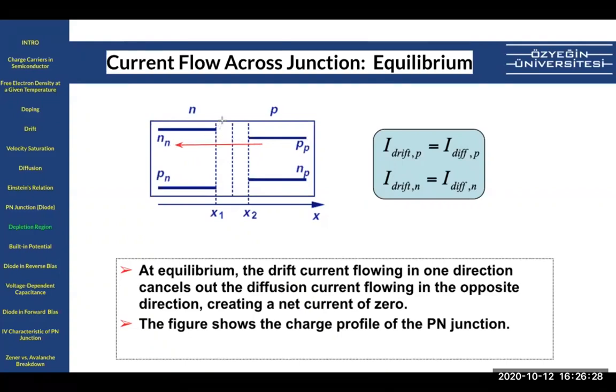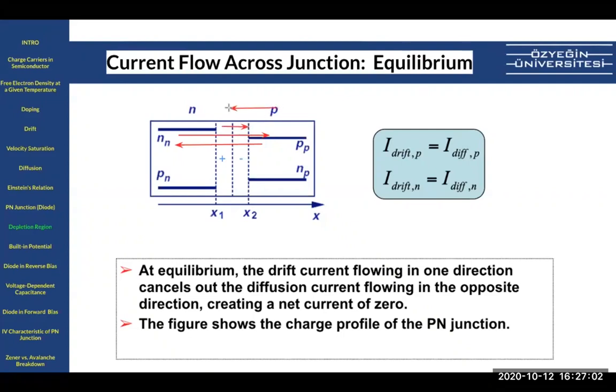And as I mentioned, there were a lot of ions with plus signs here, and minuses at the other side, and that caused an electric field. That electric field actually pushes the holes in the other direction, and that is called drift current, right?